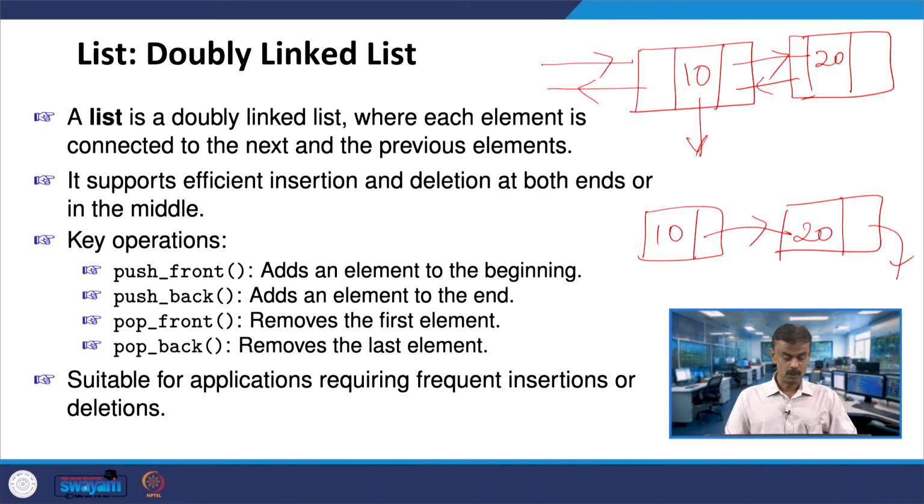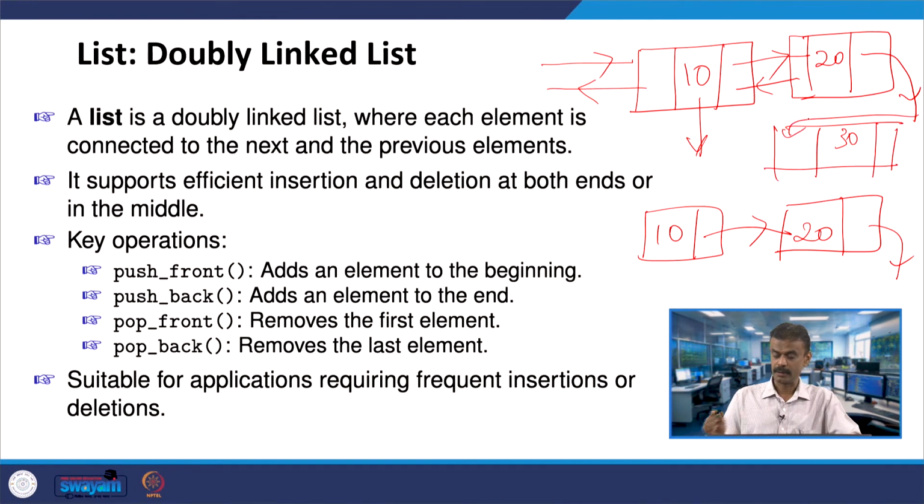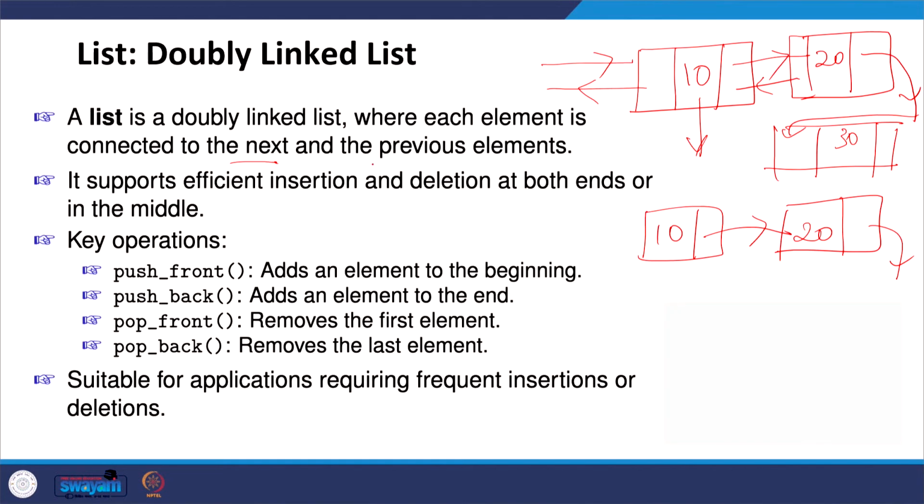Whereas here you have the next as well as previous. So, you have the information, and pointers to the next node as well as the previous node. So, the next pointer will point here, all right, whereas the previous pointer is pointing to 10, let us say another node I have 30, all right. So, 20 pointing over here, that is the meaning. So, one pointer is pointing to the next, another one is the previous.